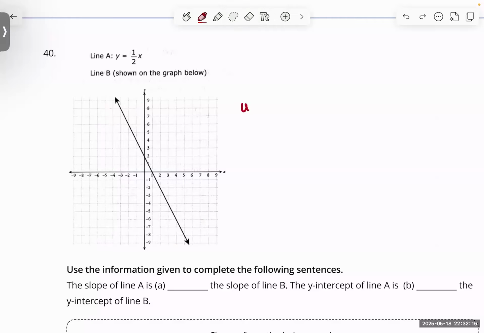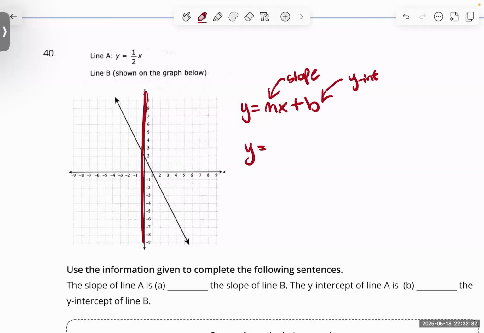Remember, y equals mx plus b, where m is our slope and b is our y-intercept. Right off the bat, our y-intercept is wherever the line intersects the y-axis. It's at positive 2. So we have something times x plus 2.